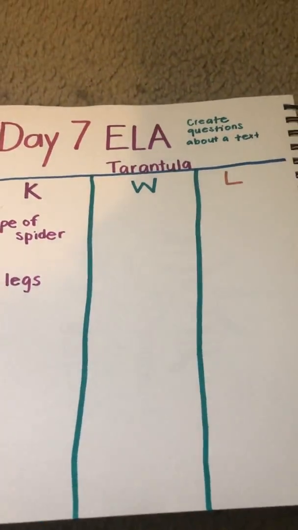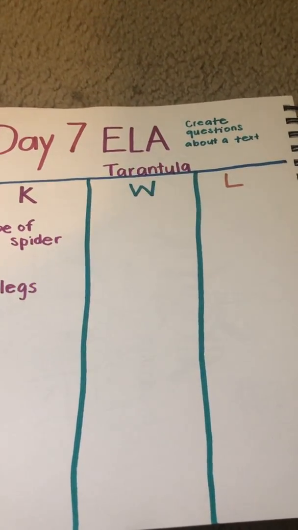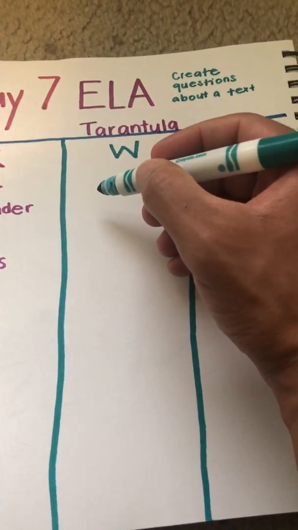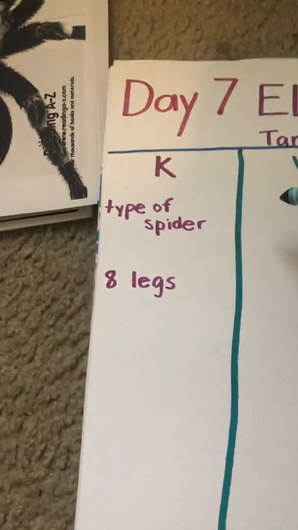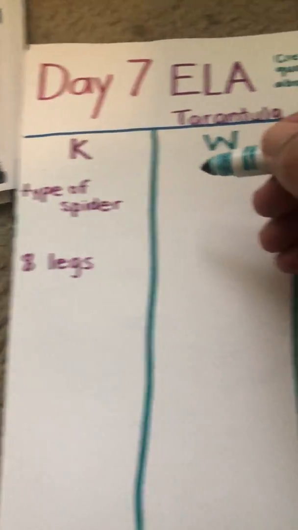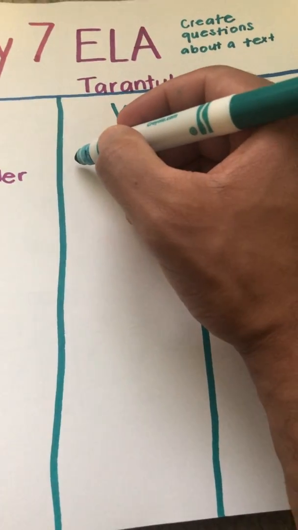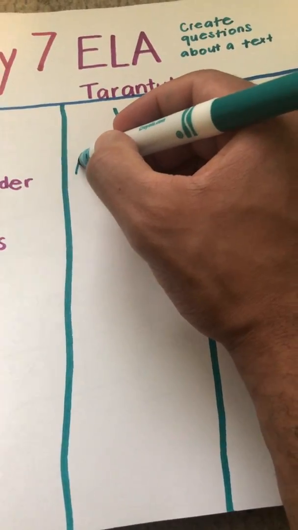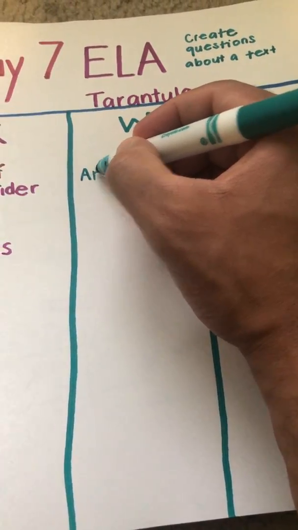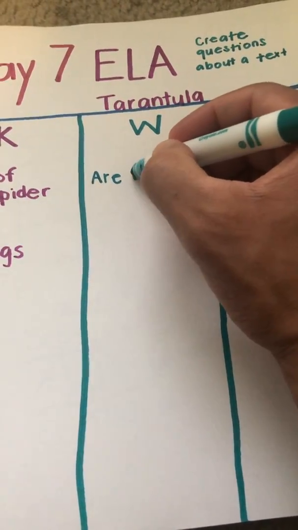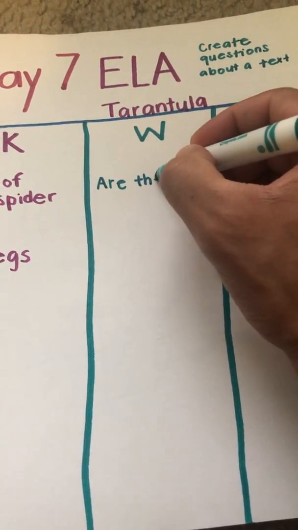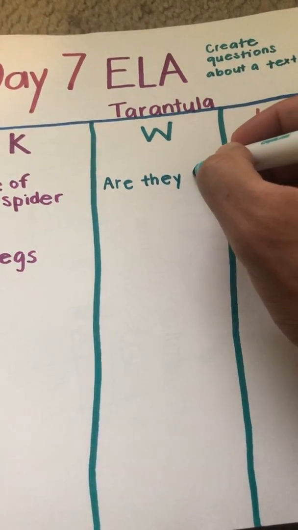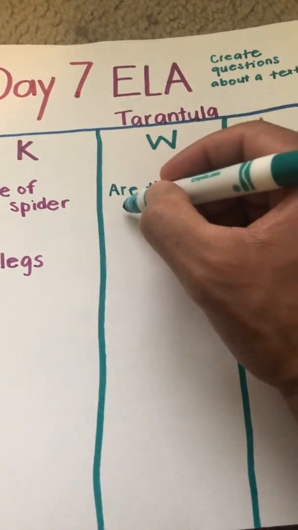From there, I can move to the center, my W, things that I want to know. Well, in this case, there's a few things that I want to know. You notice I don't know a lot about tarantulas, I'm going to be honest. But I would want to know, are they all poisonous? I feel like I see people that are pretty fearful of tarantulas, so I wonder, are they all poisonous?